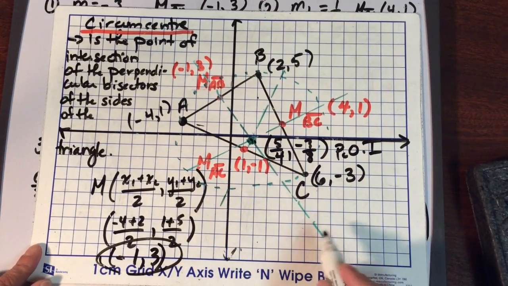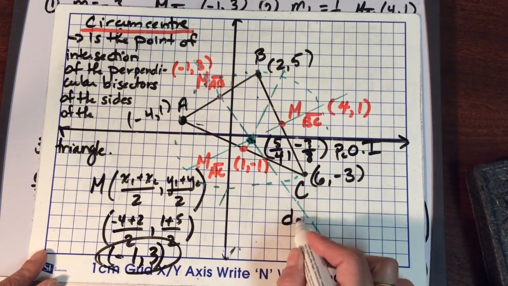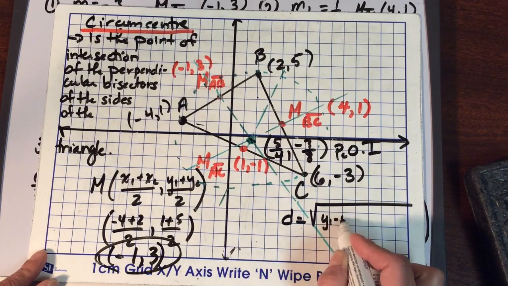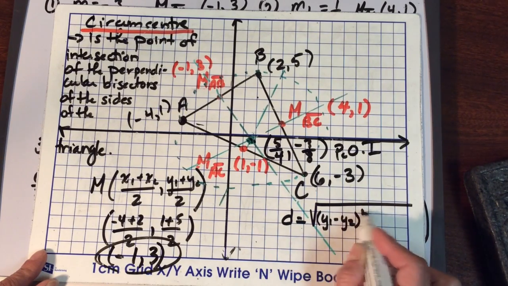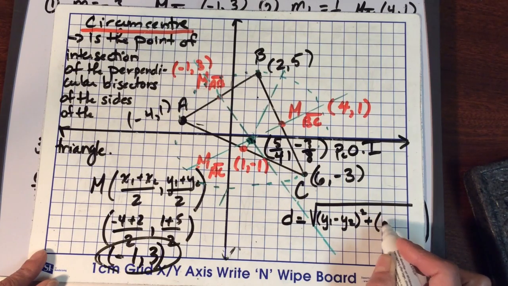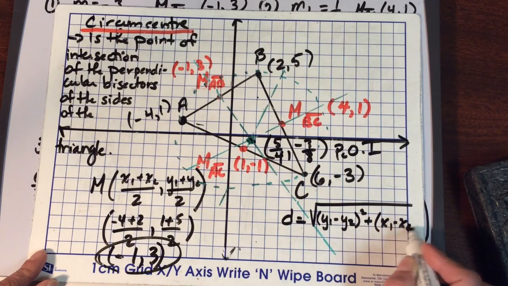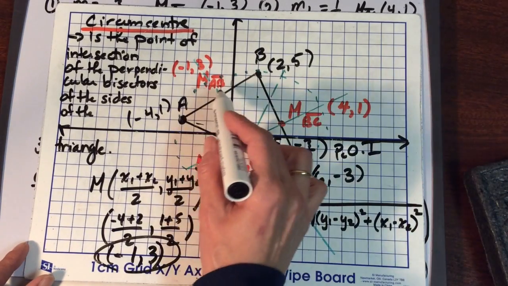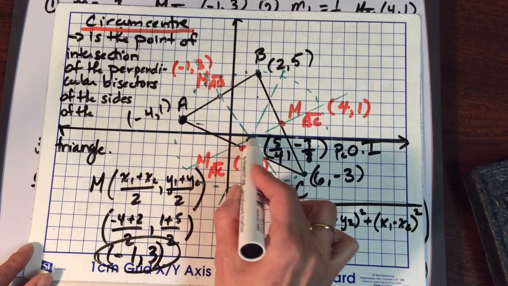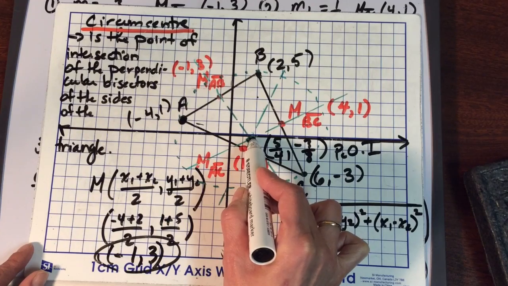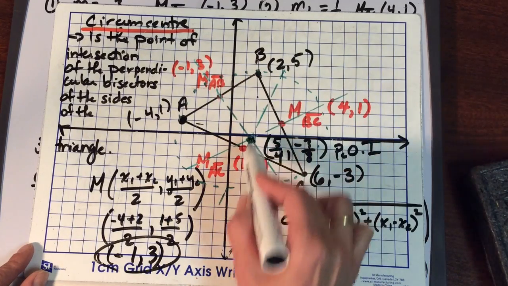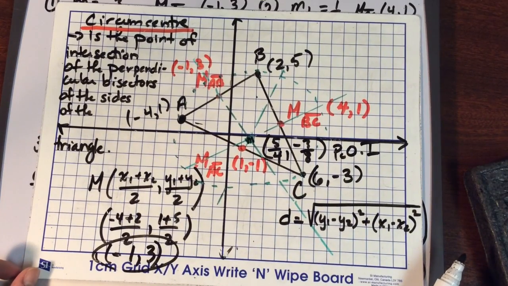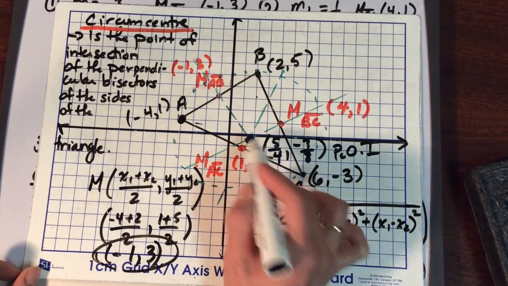If you were going to do that, the distance equation is a square root of y1 minus y2 all squared plus x1 minus x2 all squared. And that's how you can find the distance between any one of these vertices and this point. To prove it, you can do it for all 3. And if all 3 have the same distance, that's another way of knowing that this is the center.